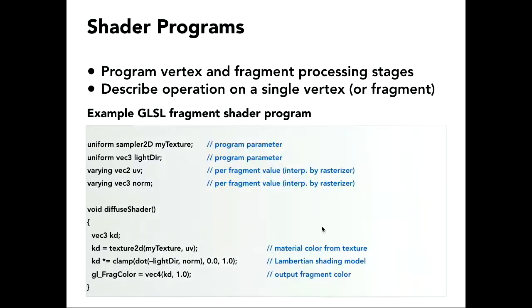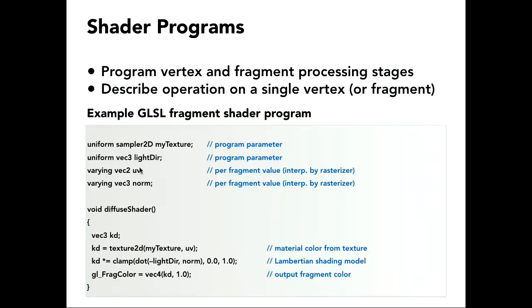So just very briefly, the syntax here is that there's these global parameters. This is like the texture object that's applied to the surface. Here's a lighting direction. This is like global to the scene. Then there are these values that are basically interpolated by the rasterizer. This is the per fragment value. This is keyword varying.